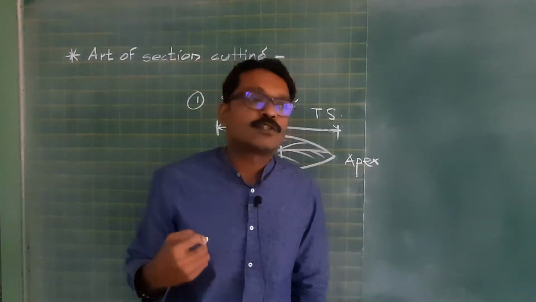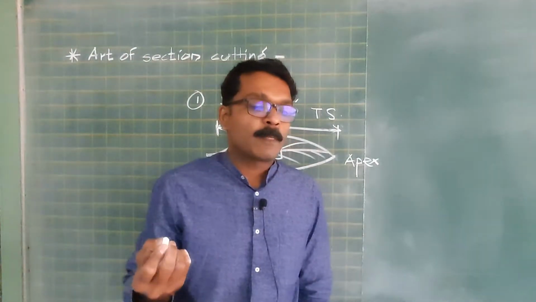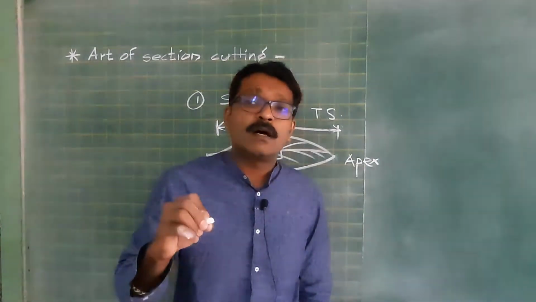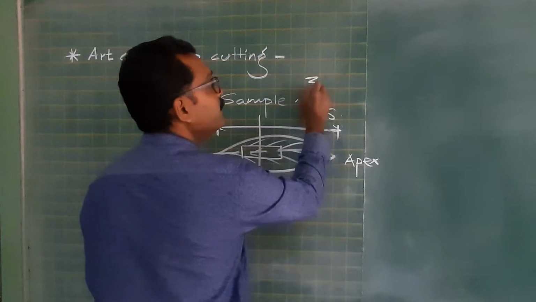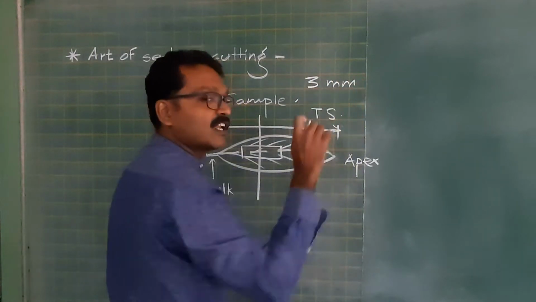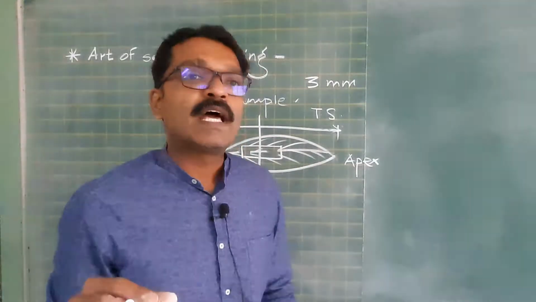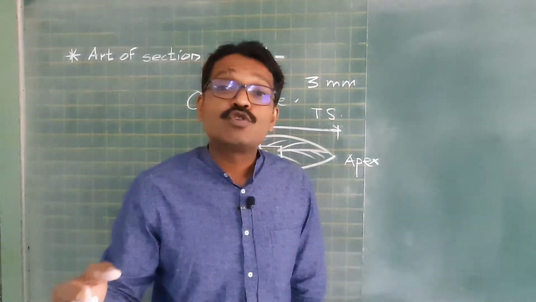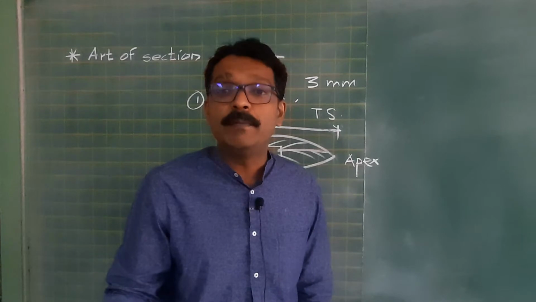If you are taking section of you can say stem or root, make sure it is about 3 millimeter in diameter, so that the stem or root is properly developed, but it should not be more than 5 millimeter.